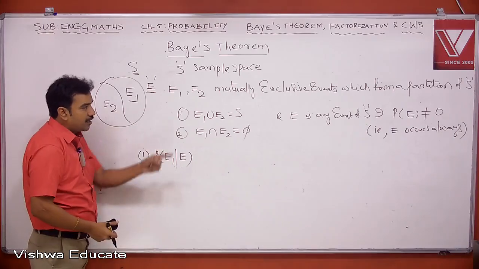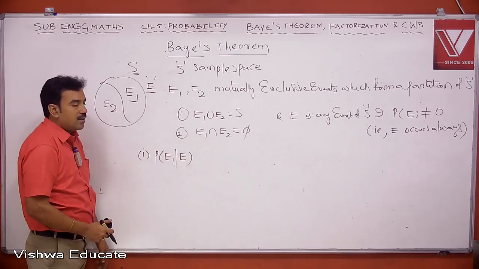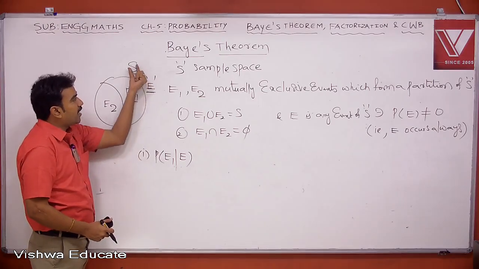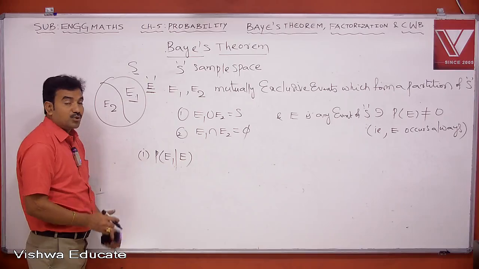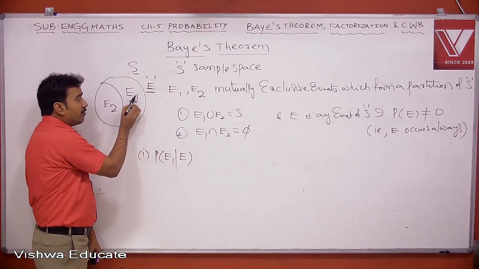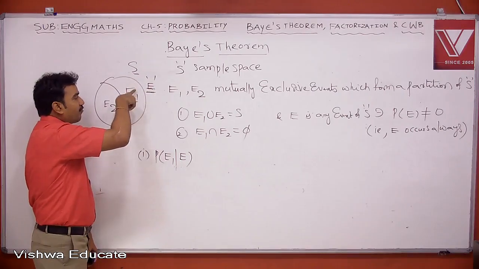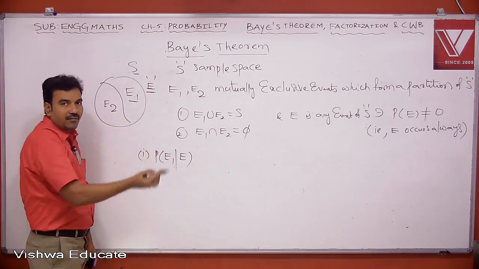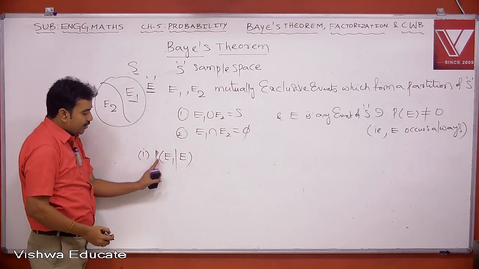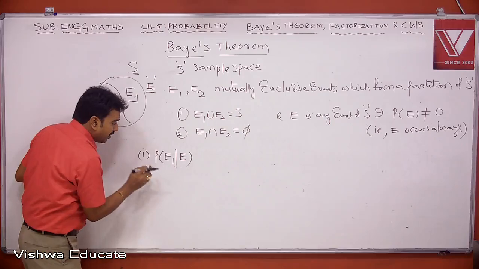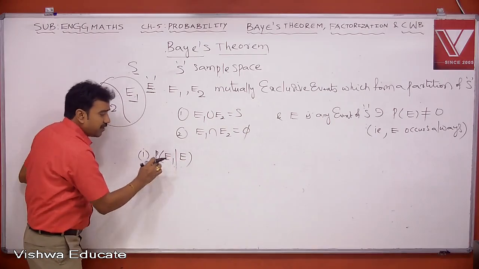Now I am saying that P of E is not equal to 0. That means E has already happened. So if E is an event that has already happened from S, now there are two chances: E may come from E1 or E may come from E2, because this is S only. That I will discuss using Bayes' theorem. So P of E1 slash E, this probability is nothing but the probability of getting E from E1.